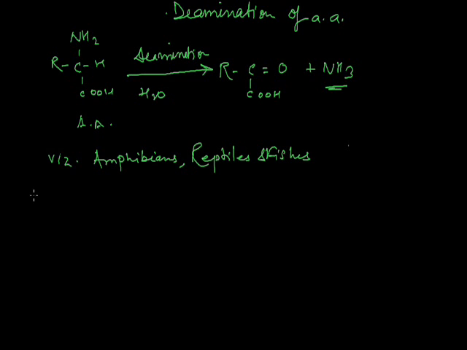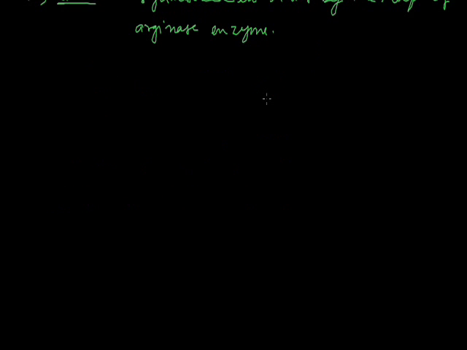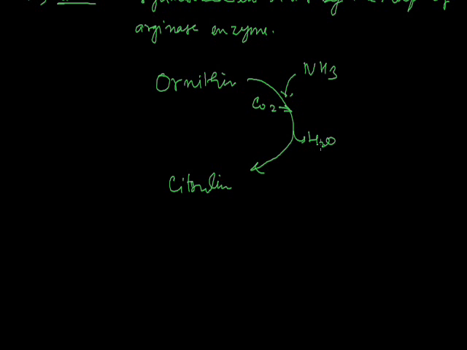Next is urea. It is synthesized in the liver by the help of the arginase enzyme. In the liver, ornithine is converted into citrulline in the presence of ammonia and carbon dioxide, and water is liberated.